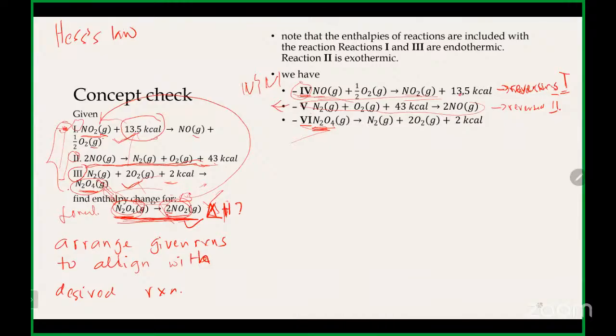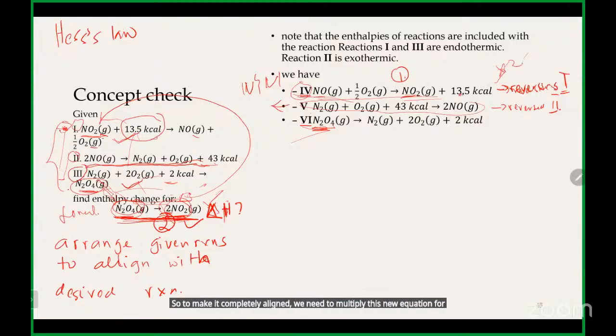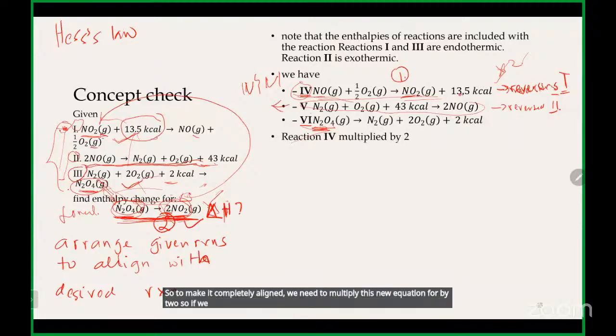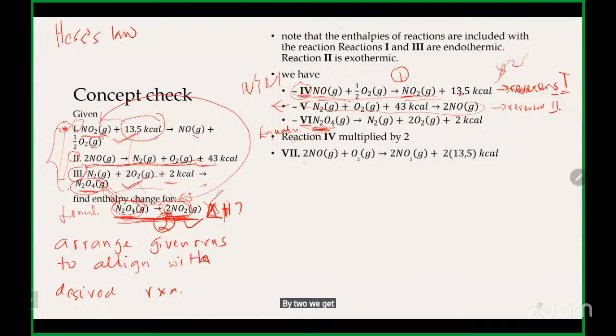Okay, so next thing, after we have reversed equation 1, NO2 has 2 moles here, but here it has 1 mole. So to make it completely aligned, we need to multiply this new equation 4 by 2. So if we multiply equation 4 by 2, we get 2NO plus O2, 2NO2, and then we multiply this by 2 as well, because it is a state function.